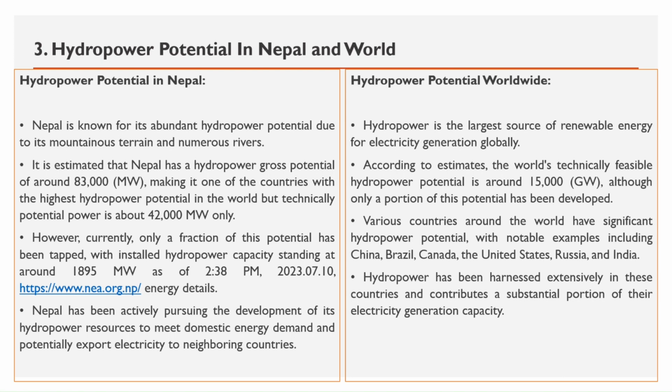Various countries around the world have significant hydropower potential, with notable examples including China, Brazil, Canada, the United States, Russia, and India. Hydropower has been harnessed extensively in these countries and contributes a substantial portion of their electricity generation capacity.